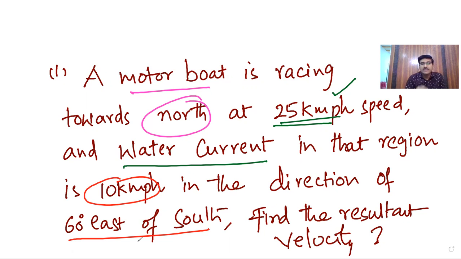That means from south. Clear? And he is asking to find out the resultant. Let us solve this question first, and have the clarity that motorboat is towards north. Current in that direction is 10 kilometers, 60 degrees east of south. Remember these two things.